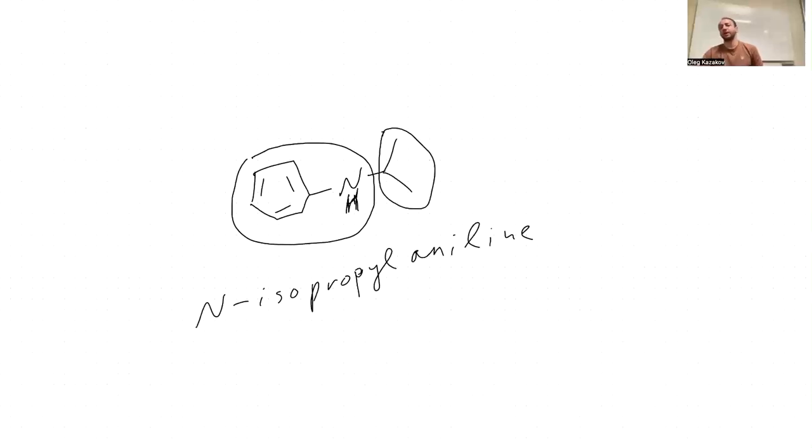If the amine has an NH bond, it is capable of hydrogen bonding with its own molecules, right? So for example, here we can show some sort of amine.